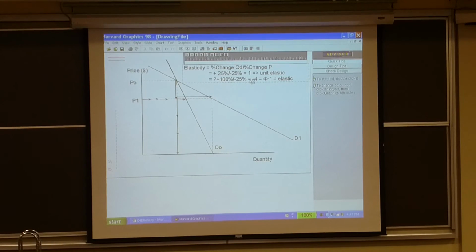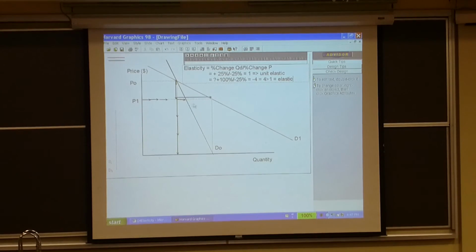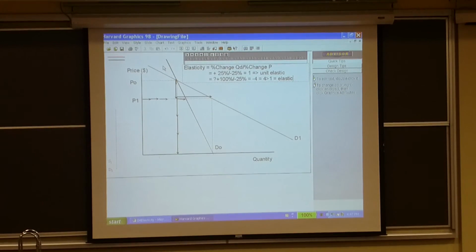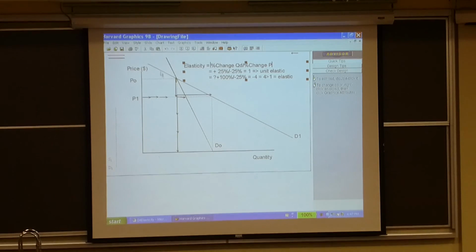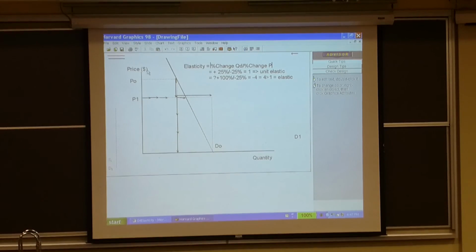let's get rid of that. Is elasticity along a demand function constant? It's a straight line, it's a linear function.